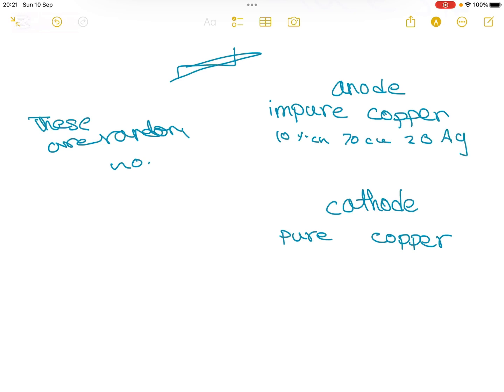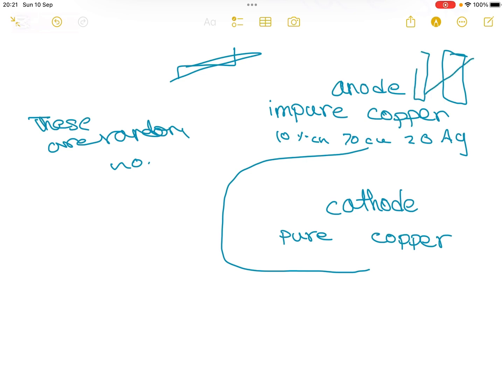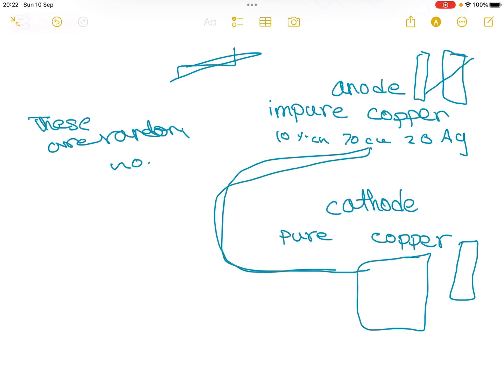So when electrolysis goes, this copper goes into solution to go to the cathode, so the anode starts decreasing in size, and the cathode size starts increasing because more copper goes to the cathode. Because the cathode is made of pure copper, the anode's mass gets smaller and the cathode's mass gets bigger as copper ions in the anode leave.